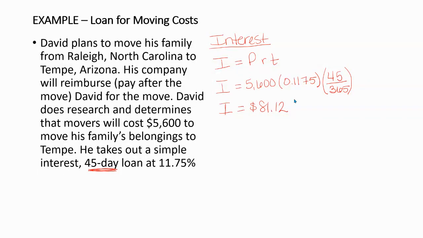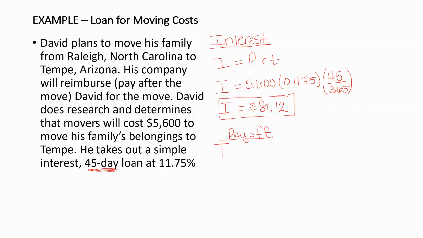Now, they don't say anything in here about what they're looking for. This just tells us a story. So if this is the interest that I have to pay back for borrowing this money, what is my total payoff? I'm going to give you just a second to think about that while I write it.